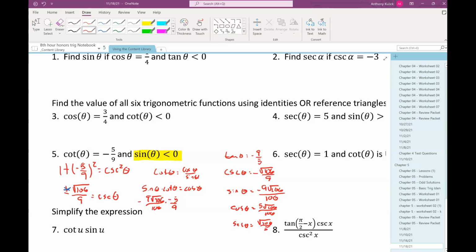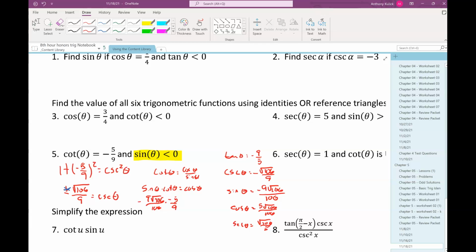And then when I make a common denominator with the 1, I end up with the 106 over 81. And then when I square root both sides, I have the square root 106 over 9. Okay, that makes sense. I skipped some of the computation because you guys should be good with that.